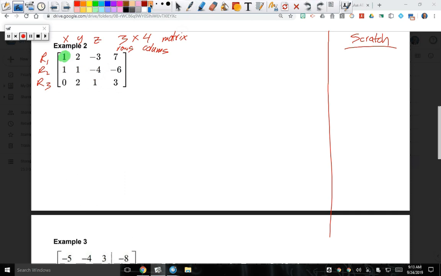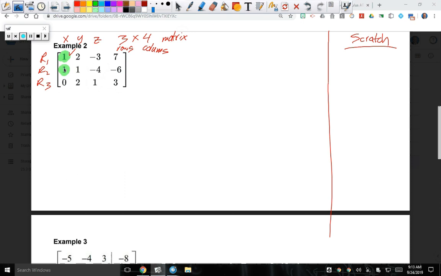Here we go. Because this is good to go, I'm going to move on to the next number that needs to change. What number is that? 1. This needs to change to a what? 0. To a 0. Here we go. When I'm changing to 0, I'm going to grab a different equation and add it to row 2.